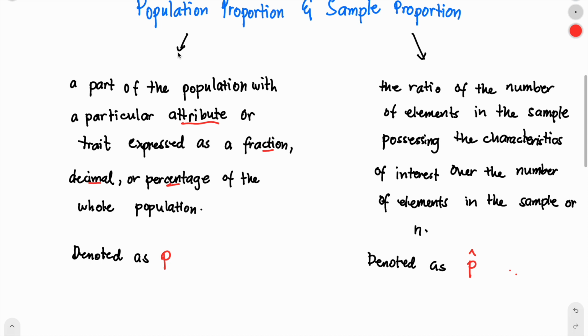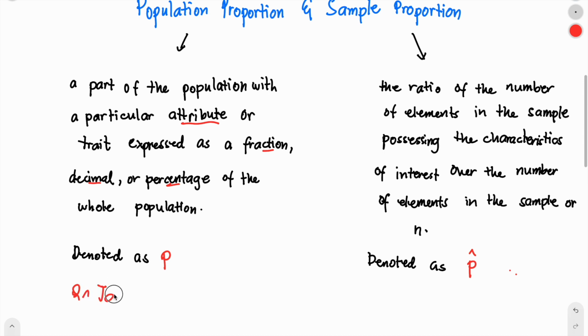You can easily spot a population proportion when it is either a fraction, decimal, or percentage of that population. I'll cite an example.